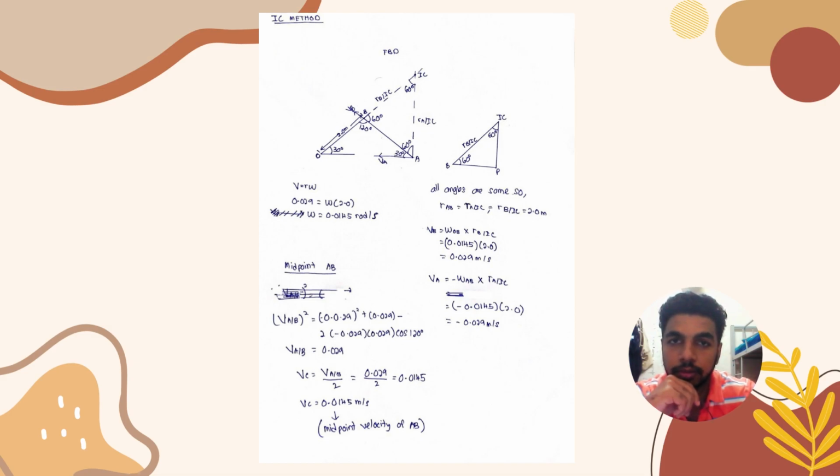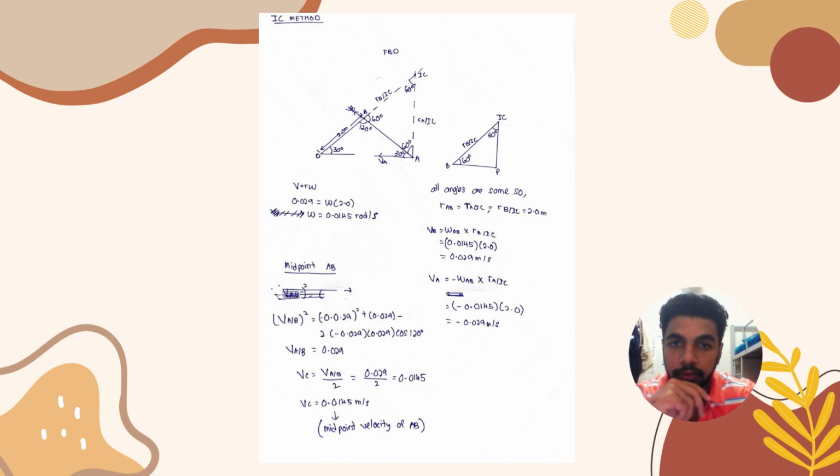And to find our RBIC, it's easy because this is the same length, so it is 2 meters. So in order to find VB, we use the omega R formula. V equals omega R. So VOB times RBIC.